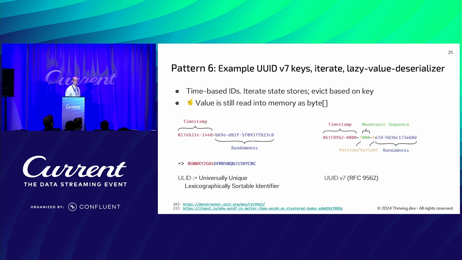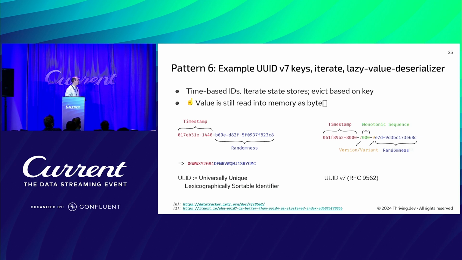Deserialization costs computation, and if you iterate millions of records and you're not going to use the value but still deserialize, it's just wasted computation and effort. So if you have a key which has a timestamp embedded, for example a ULID or UUID version 7, and you only need that timestamp of the key, why would you deserialize all your values if you're not going to read anything out of the value?